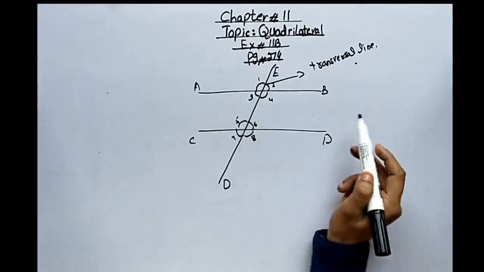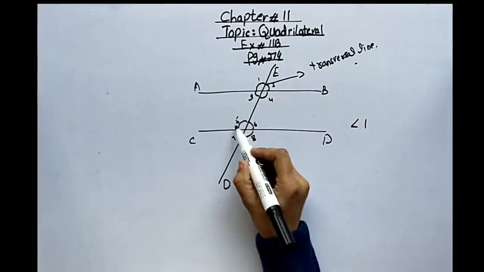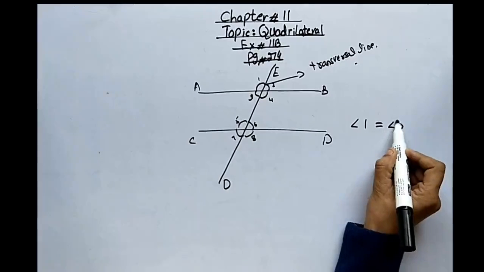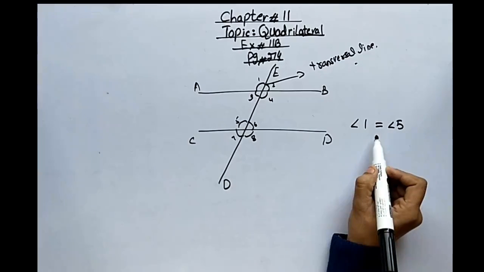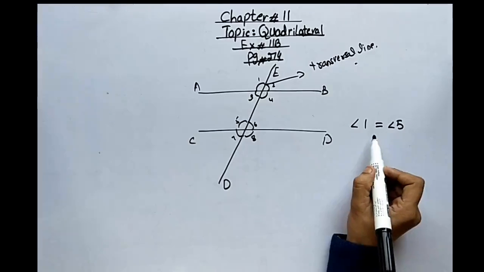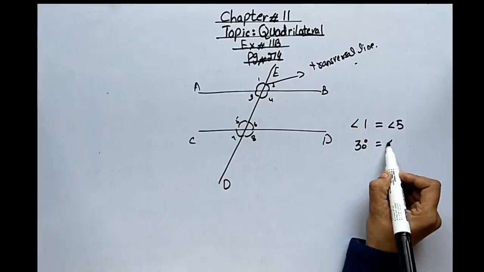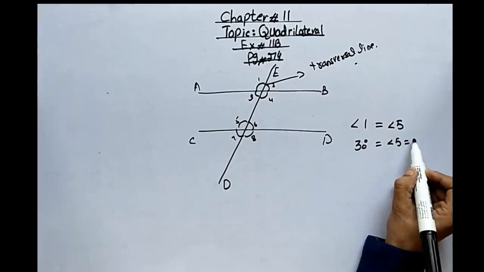It means angle 1 is corresponding to angle 5, and these two angles must be equal. Corresponding angles must be equal. If angle 1 is equal to 30 degrees, then angle 5 must be equal to 30 degrees.